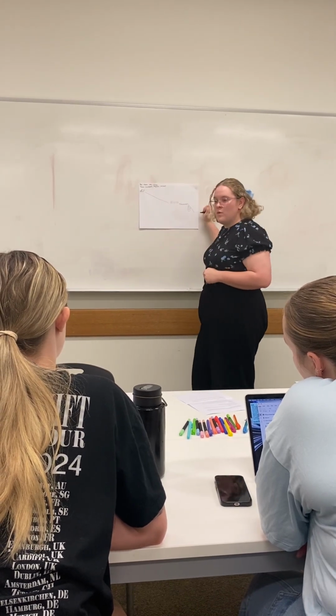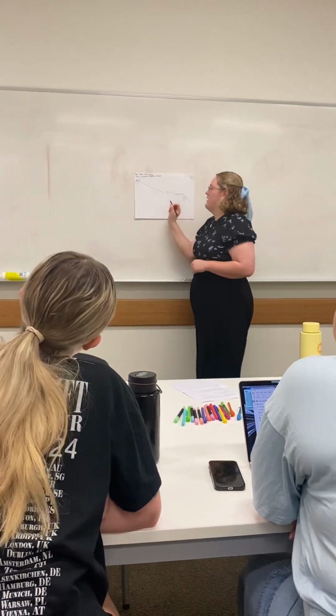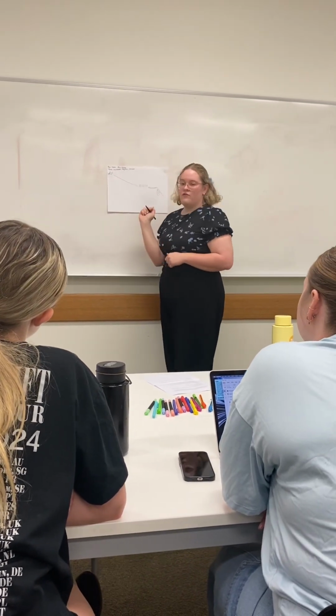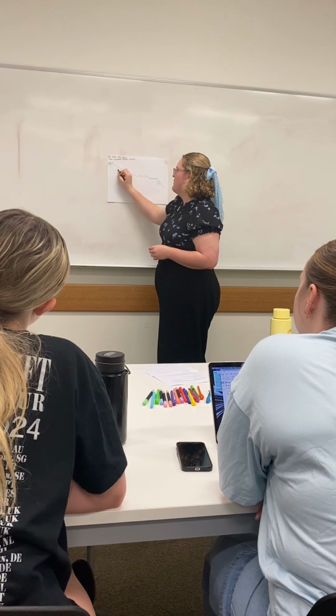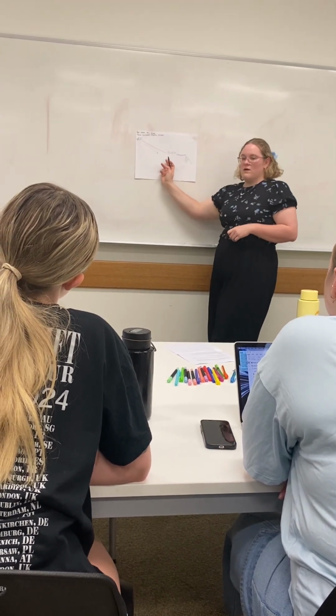So that's a very simple one. And then what I want you to do after you've drawn your marble run is draw the arrows that show the force and what the force does. So this is our gravitational force, and it's going to take the marble down.